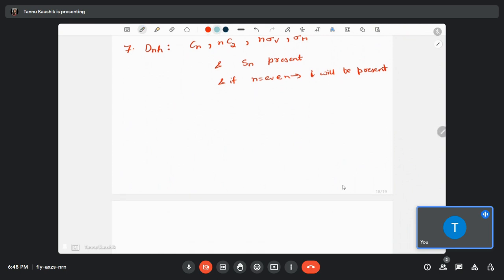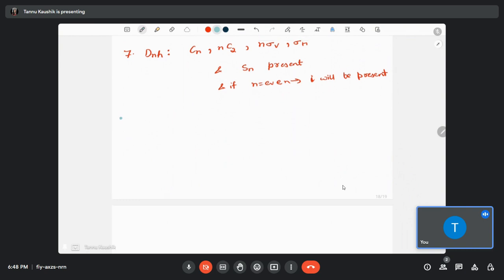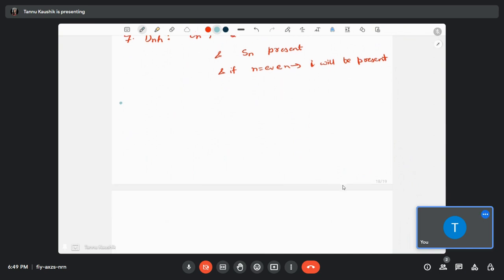Okay. So what are the rules associated with this point group? The classification of Cn and Sn will be according to the usual rules which I have mentioned earlier.